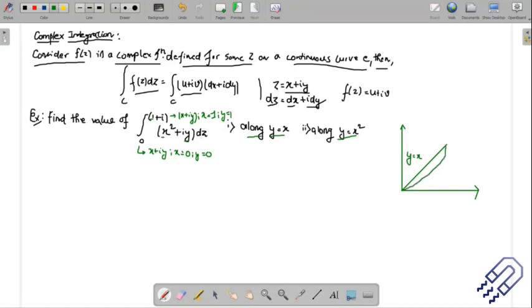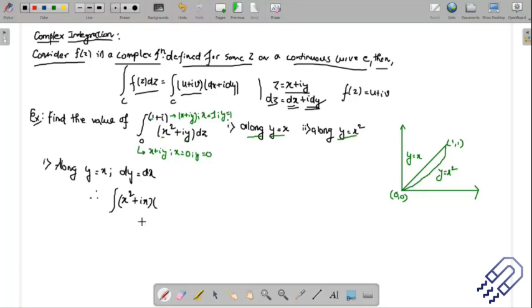So this is y is equal to x square, right? If you look into this, you can check what the limit values are. X goes from 0 to 1, y goes from 0 to 1, right? So maybe this point is 0, 0, and this point is 1, 1. And dz can be written as dx plus i dy.